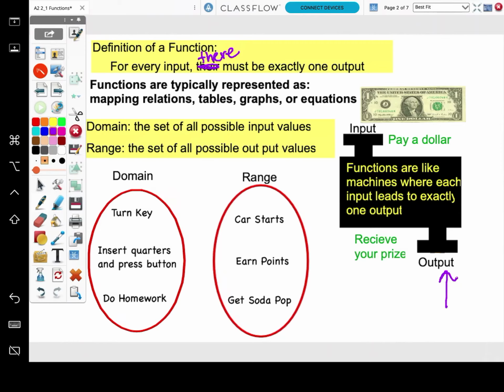We don't usually draw those pictures in Algebra 2, but it can happen. Important for you to remember that the domain is the set of all possible input values. Usually these are your x's. The range is the set of all possible output values, or your y values.